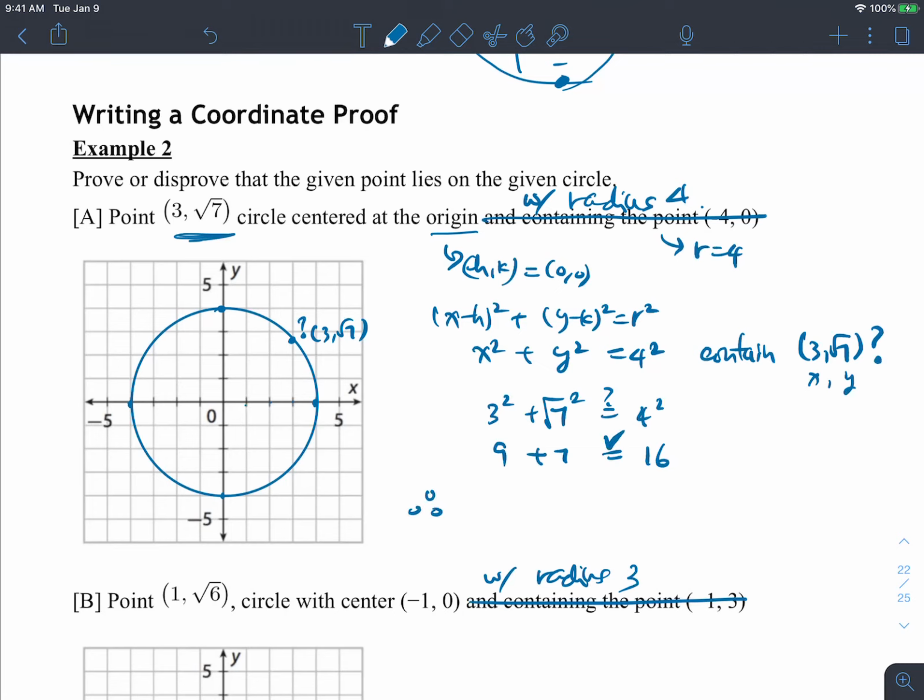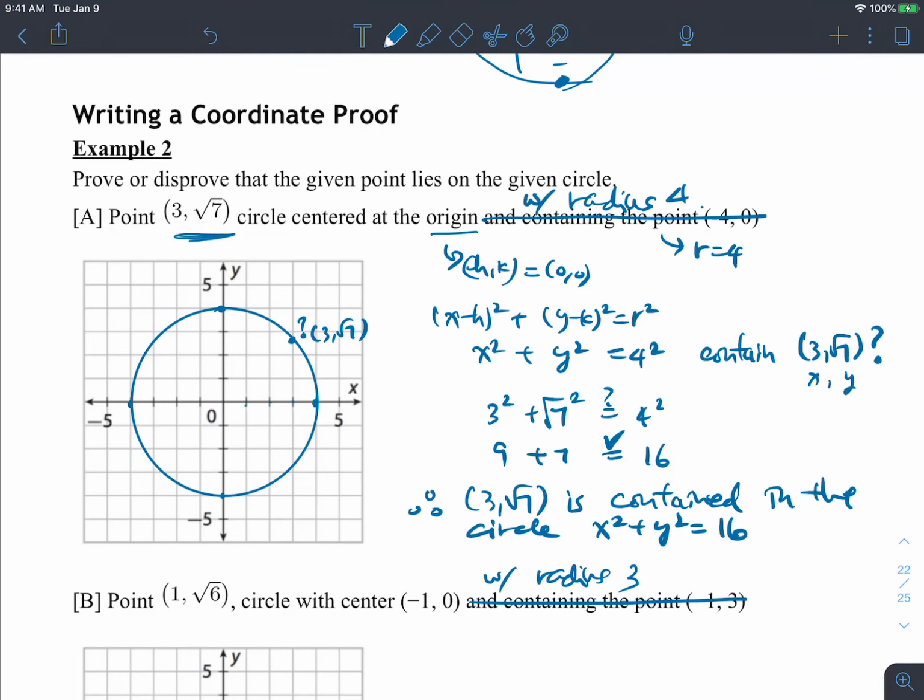We say therefore (3, √7) is contained in the circle x squared plus y squared equal to 16, or you could have said 4 squared. Either one is okay with me.